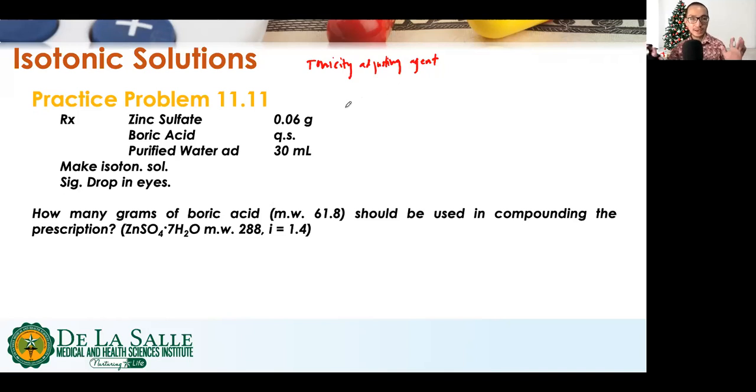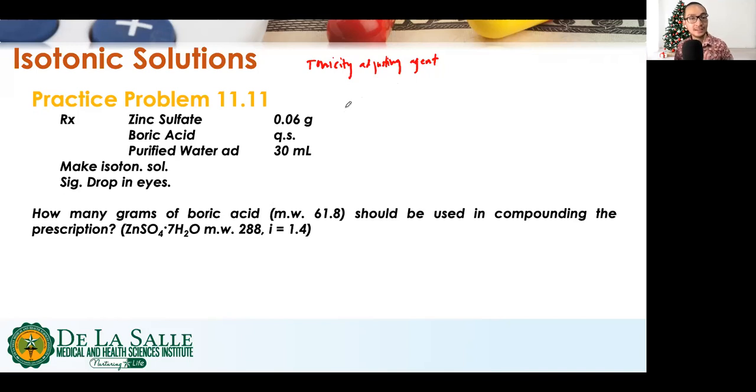Now you may ask, sir, why don't we just adjust the amount of the drug itself to make an isotonic solution? Yes, you can do that, but remember that the solution should contain a specific amount of the drug. That is the strength of the solution. The strength is always dependent on the amount of the active ingredient present in the solution.